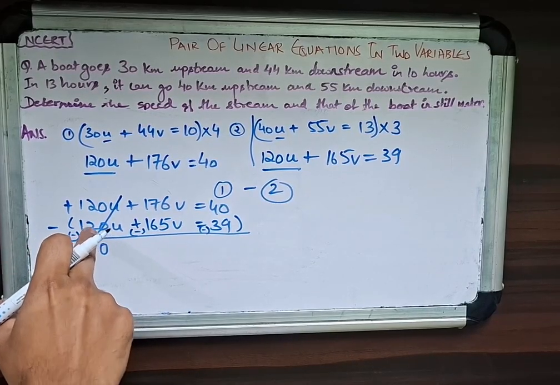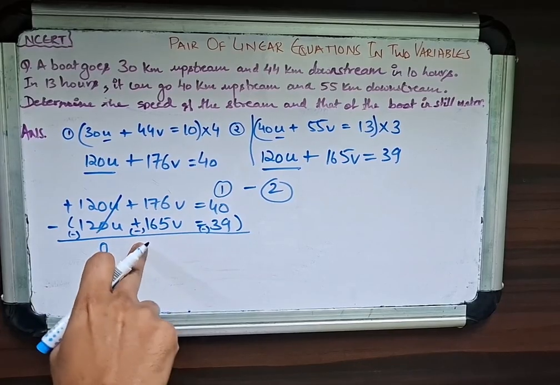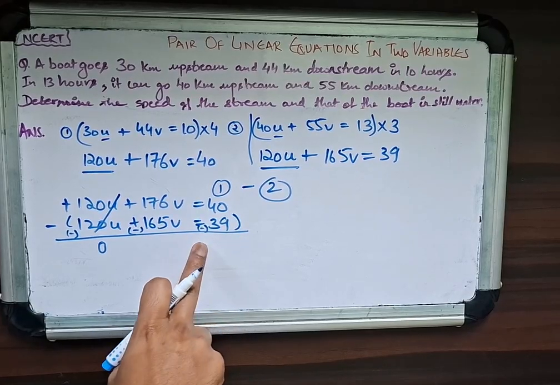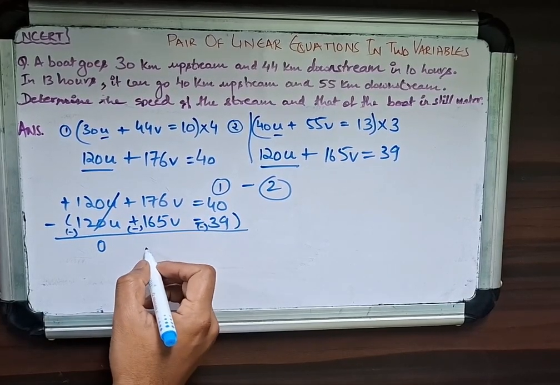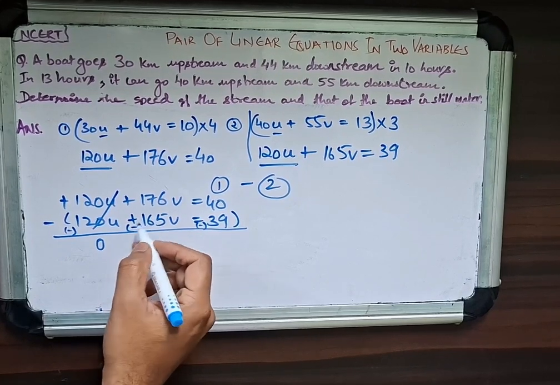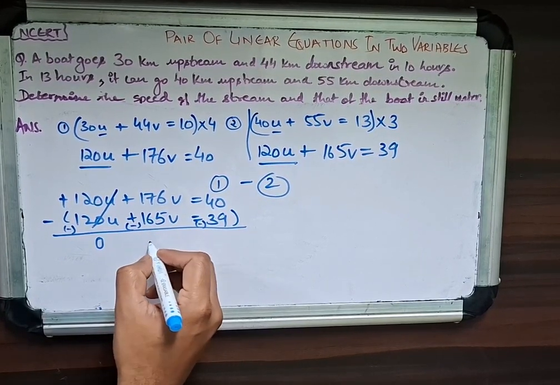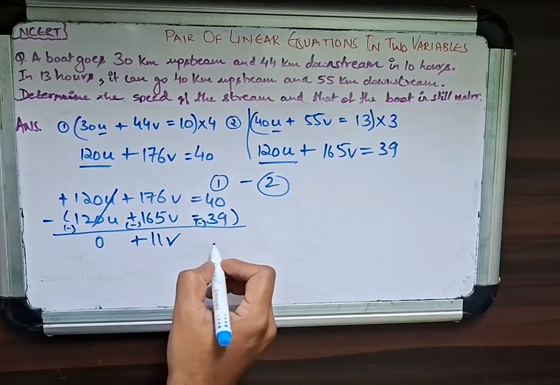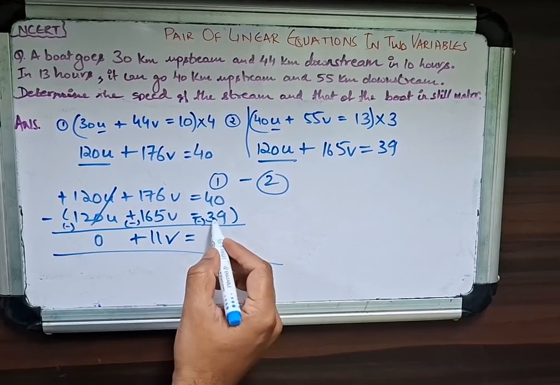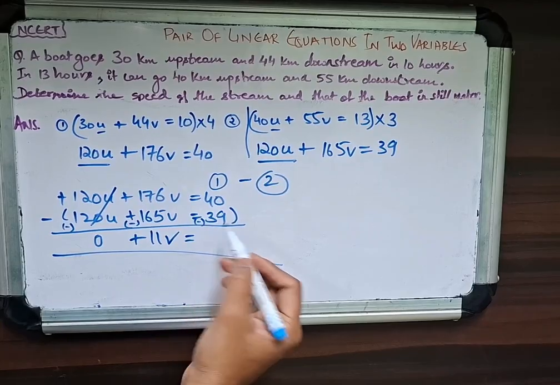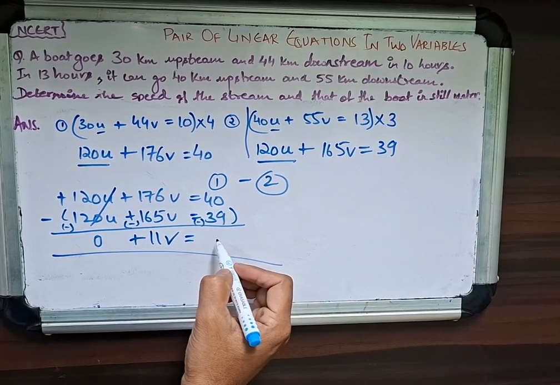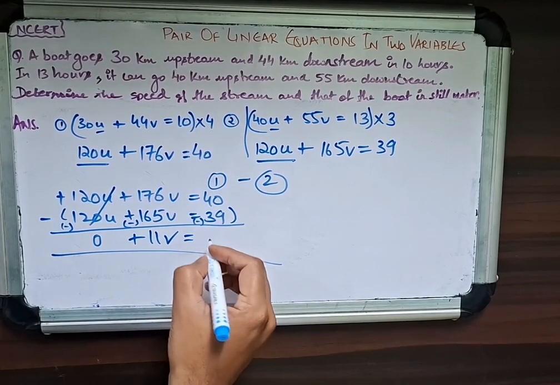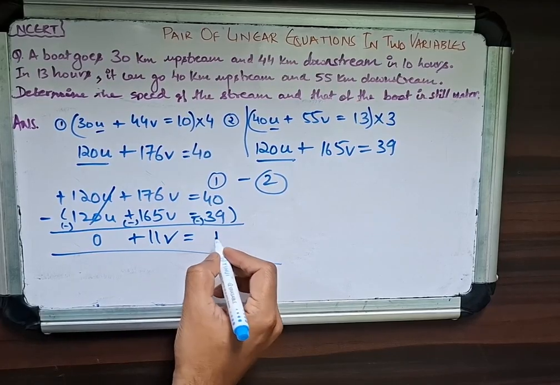Minus into plus will become minus, minus into plus will again become minus, minus into positive 39 will again become minus 39. Now we apply the operation: one positive number, one negative number, subtraction. 11v, sign of the greater number, so positive 11v is equal to 40 minus 39, which is 1.